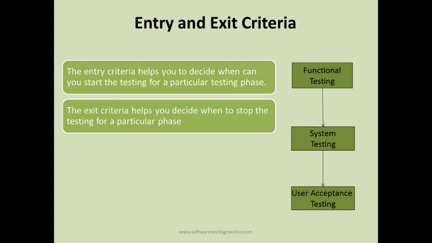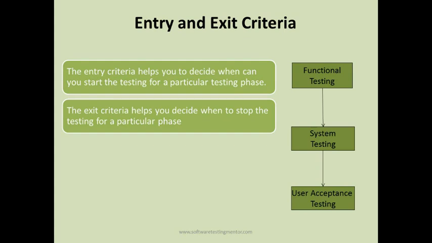So entry criteria for functional testing phase could be that the build delivered by the developers passes the build verification test. There is no critical defect. There are no build failures in the build that you get from the development team. That's a simple entry criteria for functional testing.